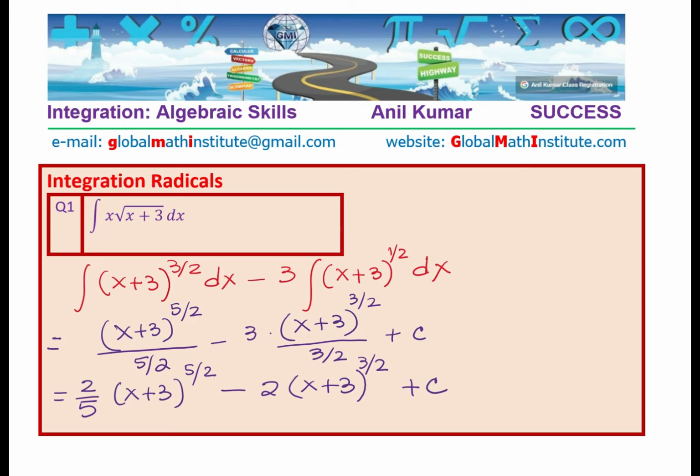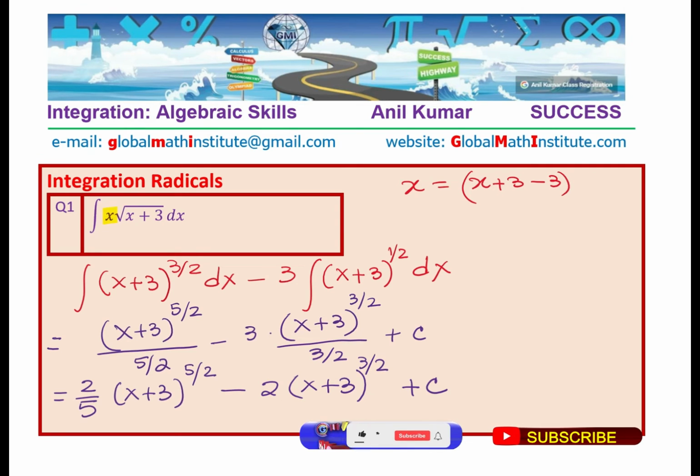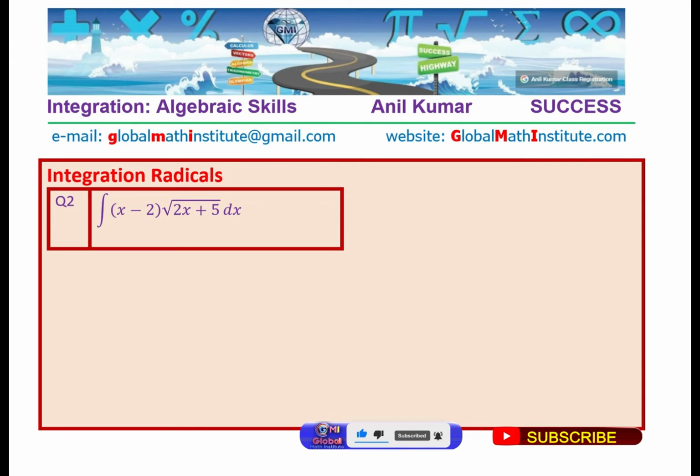Simple as that. So I hope you have understood the strategy. So the idea was to write x as x plus 3, right, and we wrote minus 3. Do you see that? So that simple substitution helped us to simplify the expression and get the result. Perfect. So that is how we make things very simple for you.